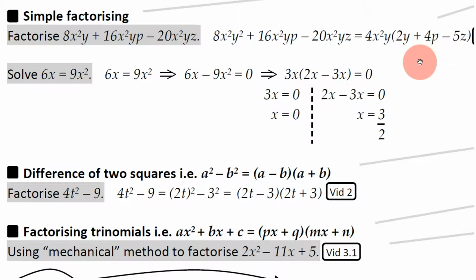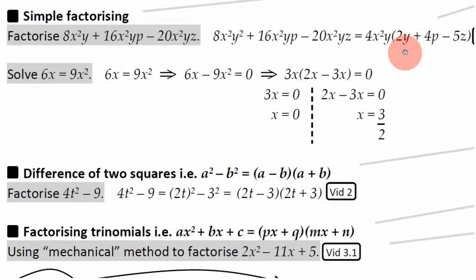So, carrying on, 4x squared y times what makes 16x squared y p? Again, it sounds complicated, but let's break it down. So 4 times what makes 16? Let's deal with just the number bit first. 4 times 4. So that's the first thing in the second bit of our expression inside the bracket.